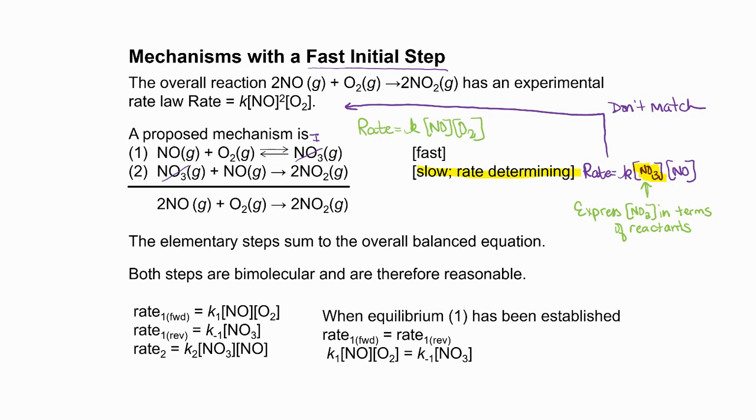That still doesn't help us because that doesn't have NO3. And here's the part that I think is kind of hard at first for students: this reaction being fast has double arrows.